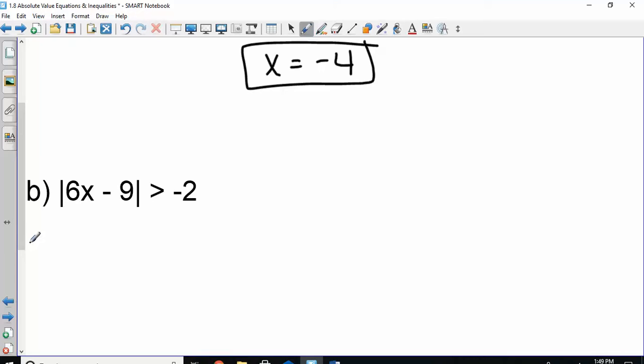Does anyone notice anything about this? Greater than means we would do 2. The 2 is negative. Is that what you said when you said 2? Yeah. Okay, so what does that mean?